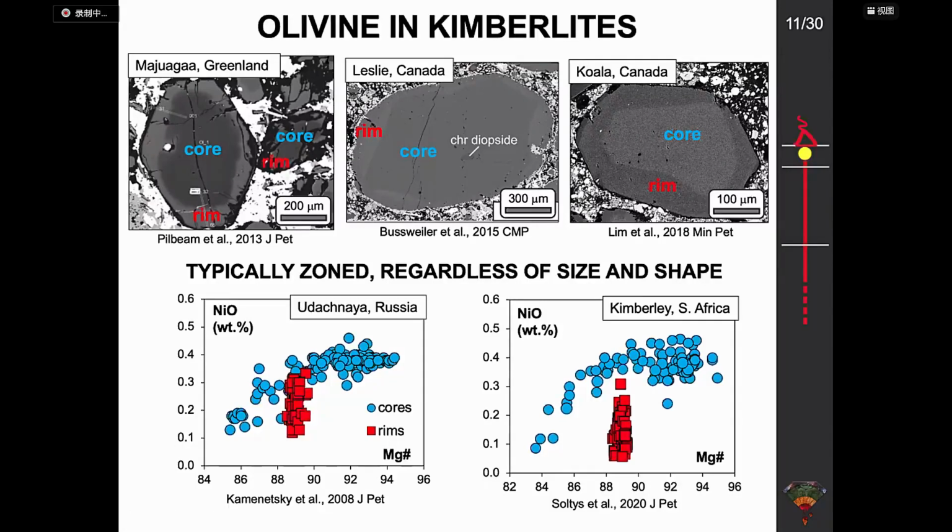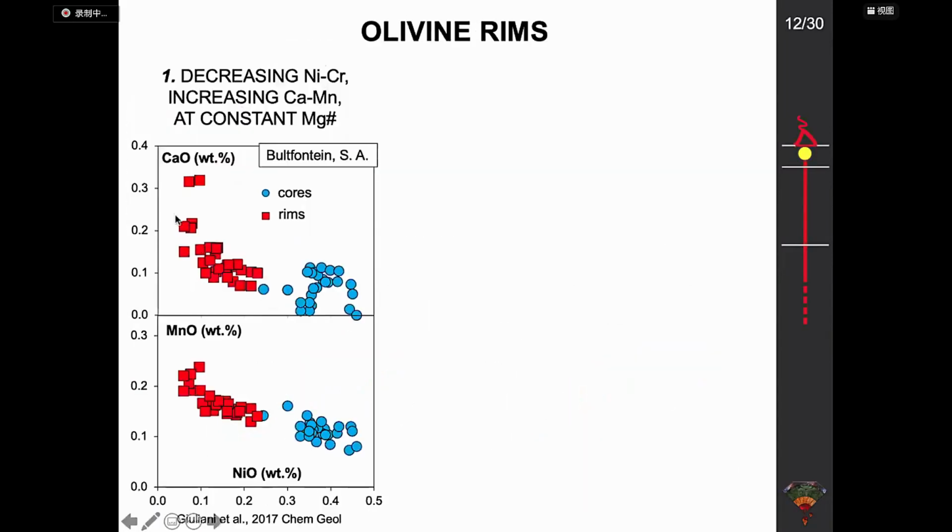So going from the cores towards the edge of the grains, the magnesium number remains roughly constant, whereas nickel decreases. And with nickel decreasing, calcium increases and manganese increases.